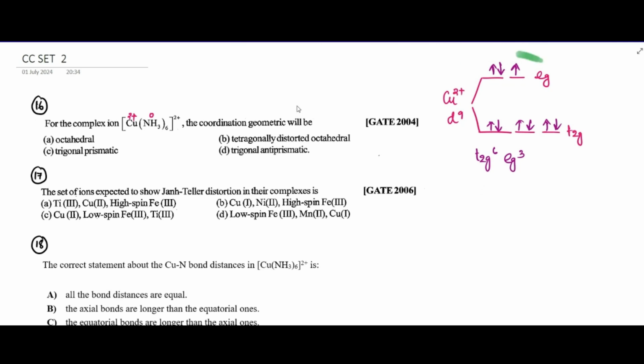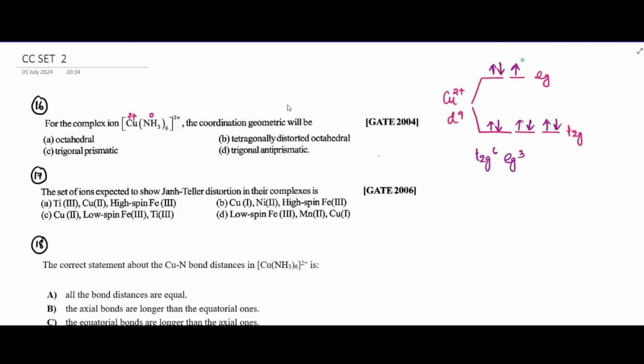Whenever we have an eg unsymmetrical distribution, you will be having a very strong Jahn-Teller distortion. That's what we discussed last day. Electrons in the unequal distribution cause the structure to get distorted. So if all had equal electron distribution, then with 6 ligands you would have a regular octahedral.